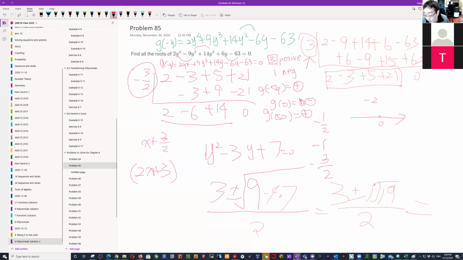This is the leading coefficient. This is the constant term. So basically, there are combinations like 3, 9, and 7, and like 21 and 63. Those are the integer terms and also need to be divided by 2. So basically these are all the possible ways that you can try.